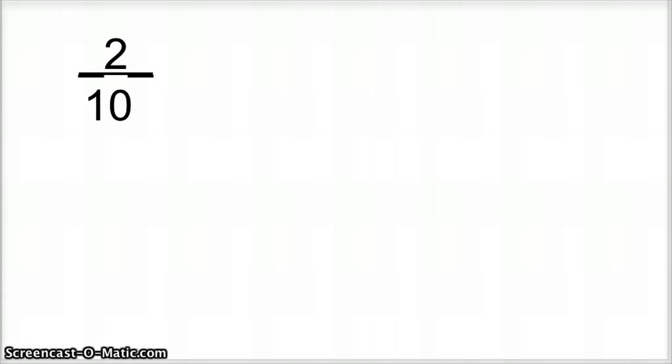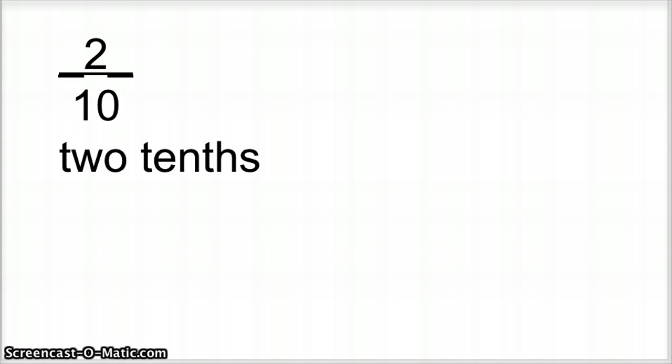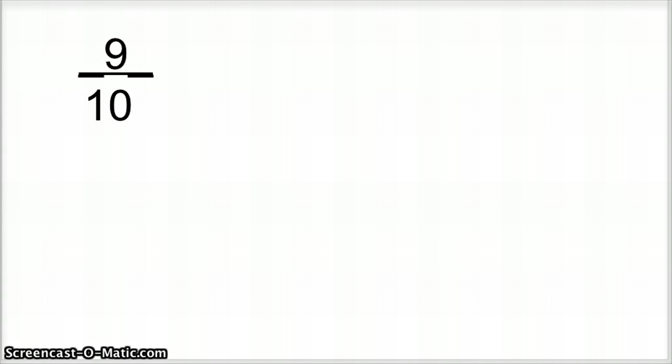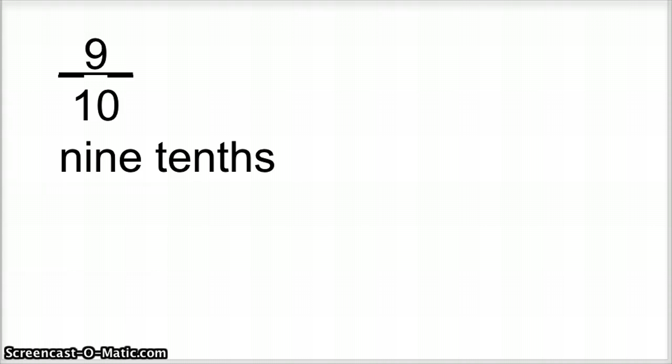How do you say this fraction? Should have said 2/10. How do I write that as a decimal? 0.2. How about 9/10? I just gave the answer. So it's 9/10. How do I write 9/10 as a decimal? Everyone? 0.9.